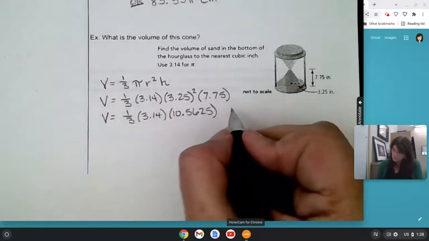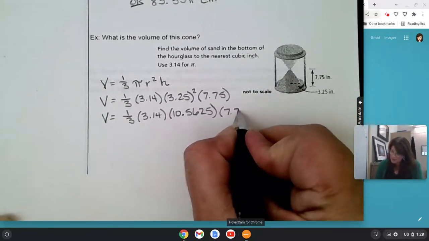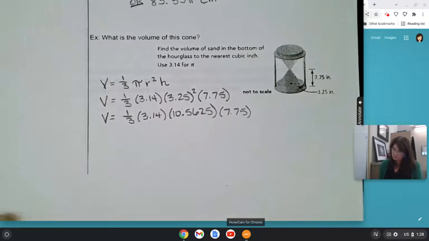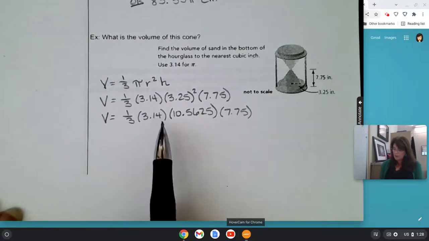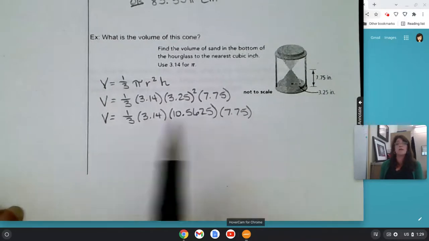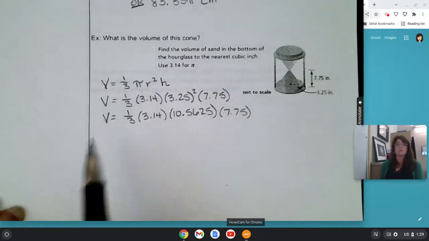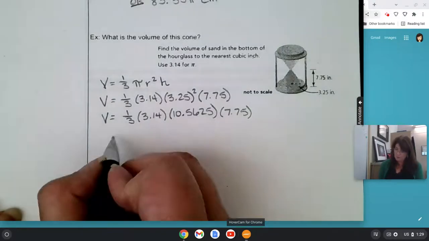Okay? 7.75. Now, here's just some personal advice. I'm going to multiply all 3 of these and then deal with the fraction. Just easier on the calculator.